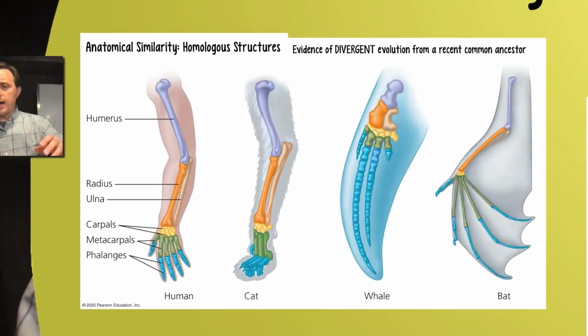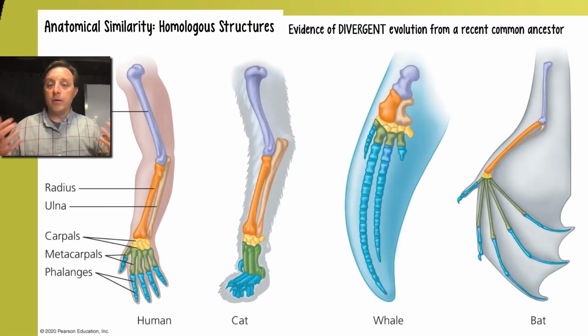So first, we have some anatomical similarities. Here we have the forelimbs of 4 different mammal species, and the bone structure is pretty much identical. Some sizes are a little bit different, but the overall pattern of the bones is exactly the same.